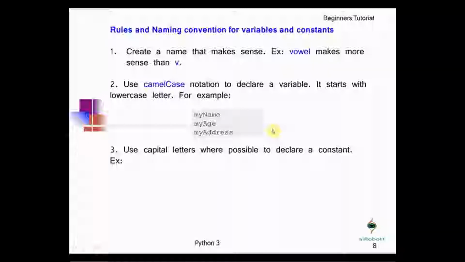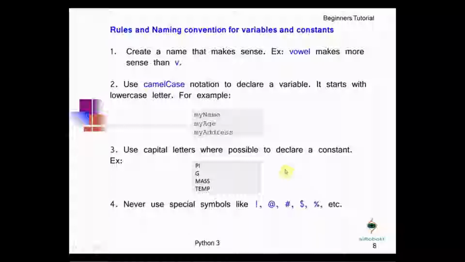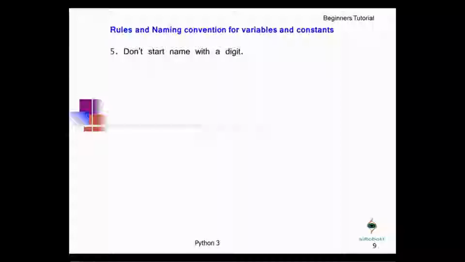Use capital letters where possible to declare a constant. Just now we have seen the PI value, GRAVITY. Those are all in capital letters, like PI, MASS, TEMP, etc. You should not use special symbols like exclamation mark, at the rate, dollar, percentage, etc. You should not start a name with a digit.